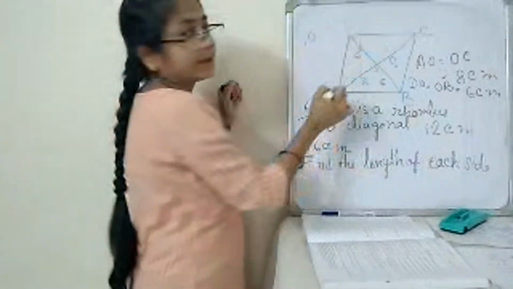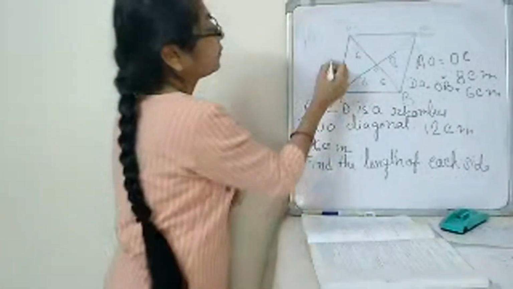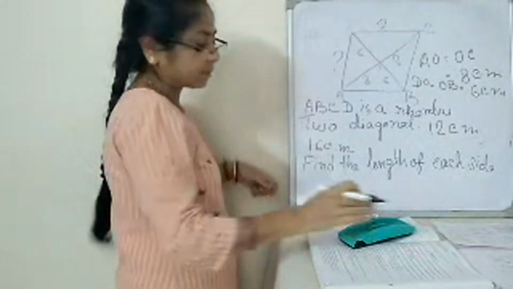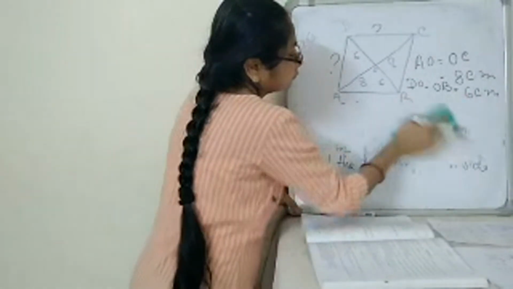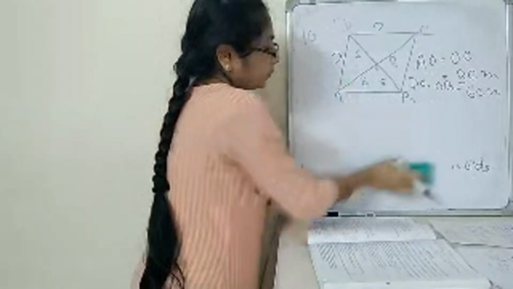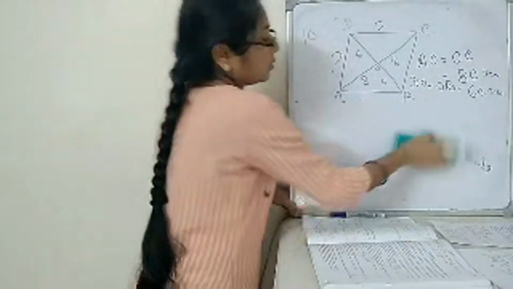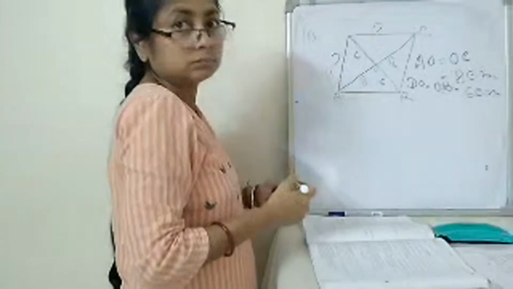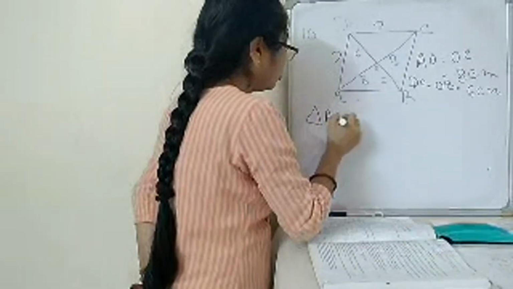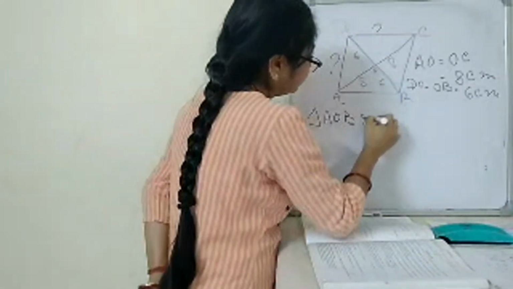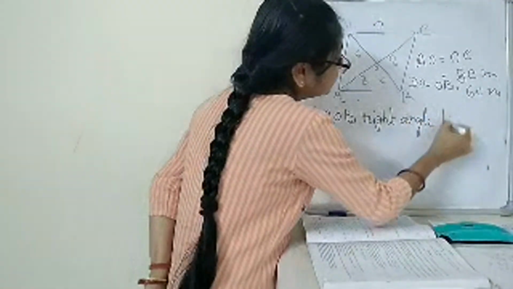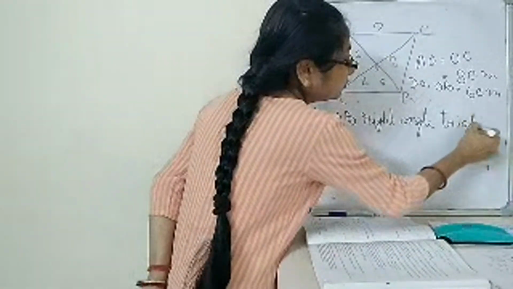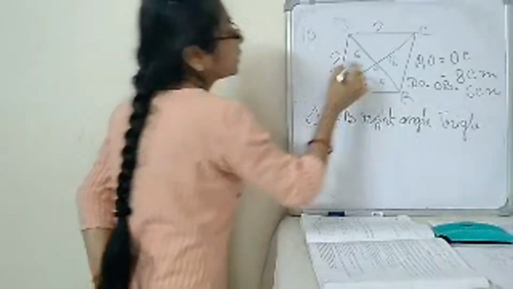Now what is the question? Find out the length of the side of the rhombus. Look, AOD is a right angle triangle. Okay, this one is right angle.